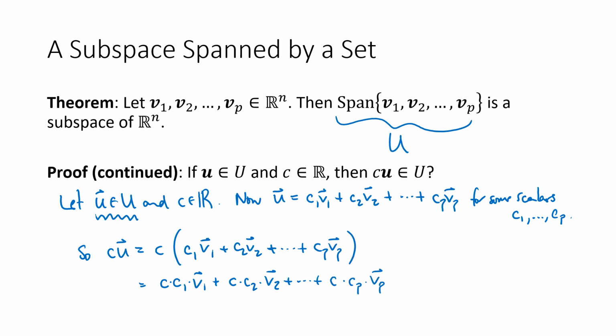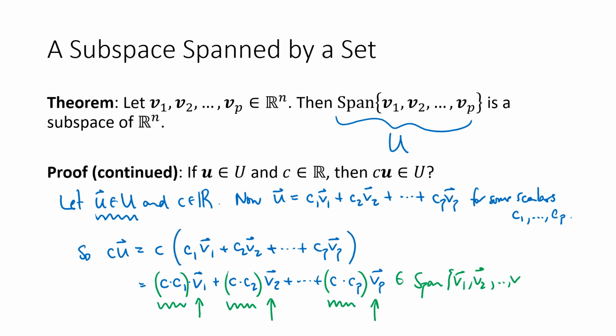But if I draw parentheses here, and again, using my vector space axioms, I can do this. Draw parentheses there and there and there. What I see is that, again, this is a linear combination of the v's because it looks like scalar times v1 plus scalar times v2 plus scalar times vp. That is in the span of v1, v2, up through vp. And again, that's a check because that's what I was going for.